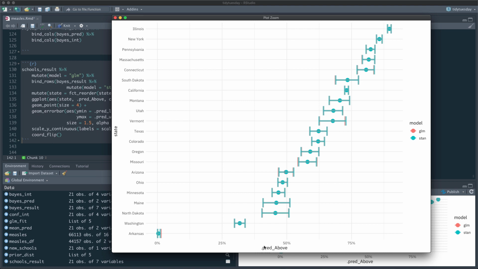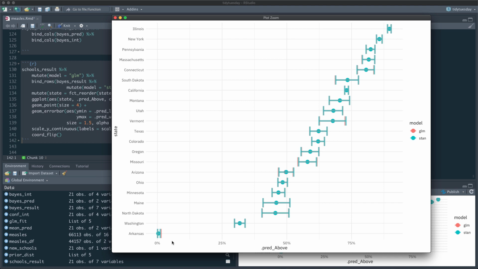We can interpret it the same way. It's the proportion. We've modeled the proportion of schools that are above the threshold, and this is much easier for me to talk about with shareholders, right? And I could fluently get it out of my model when I use the tidymodels framework like this.